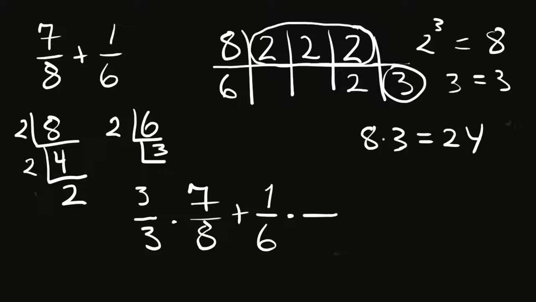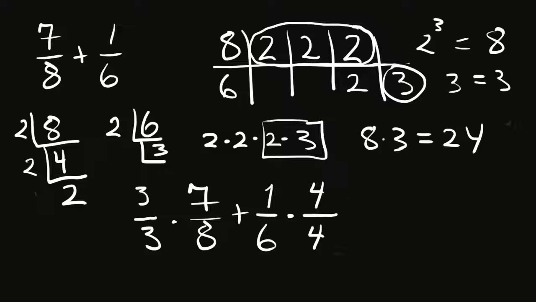We saw that all the prime factors that gave us 24 were 2 times 2 times 2 times 3. 6 is accounted for by the 2 times 3. Whatever is not accounted for by the number itself, that's what we're going to multiply it by. So if we multiply the 2 times 3, the 6, by 2 times 2, or 4, we're going to get the 24 we want. If we're going to multiply the denominator by 4, we do the same to the numerator. So we multiply the 1/6 by 4/4.